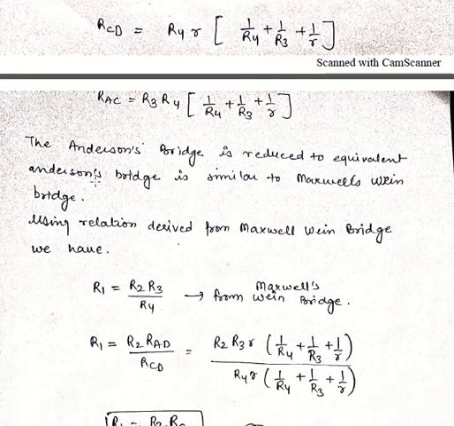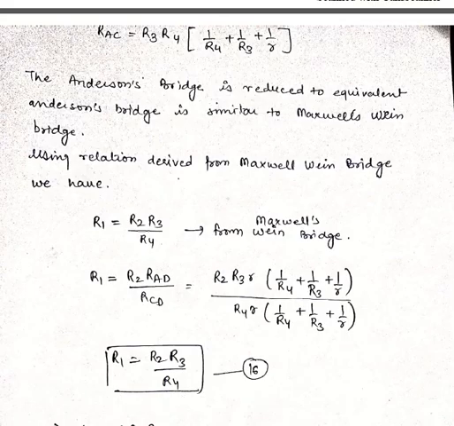The Anderson bridge is reduced to an equivalent Anderson bridge and is similar to the Maxwell-Wien bridge. We make an assumption here that we'll directly compare our values with the Maxwell-Wien bridge and use the Maxwell-Wien bridge unknown parameters for our Anderson bridge.